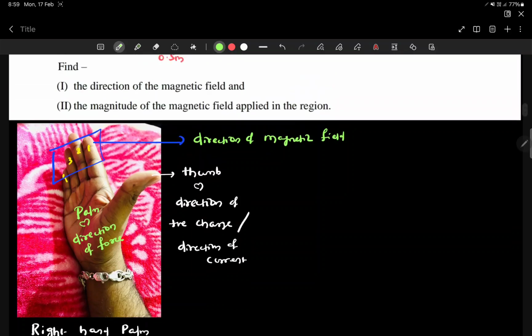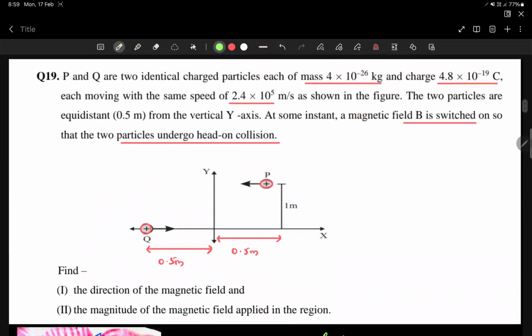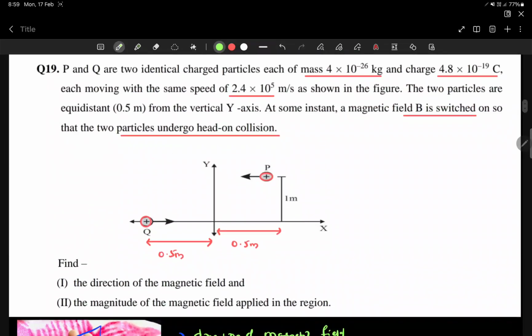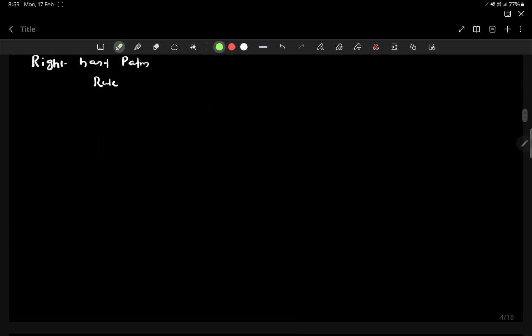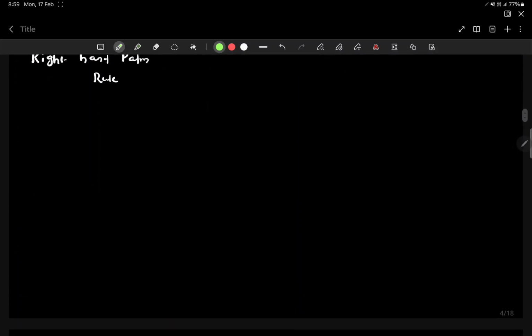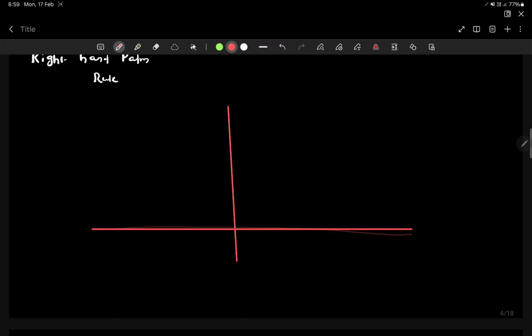As for the given question, at some instant magnetic field B is switched on so that the two particles undergo head-on collision. Now see this. As per our question, this is the y-axis and this one is the x-axis.